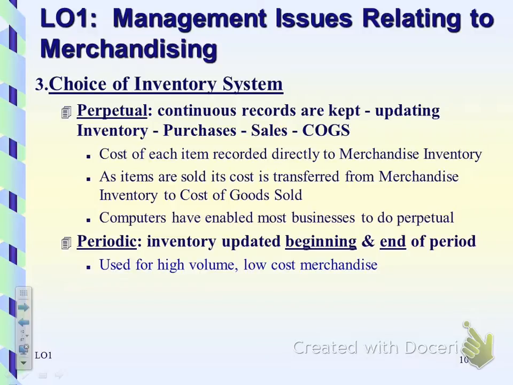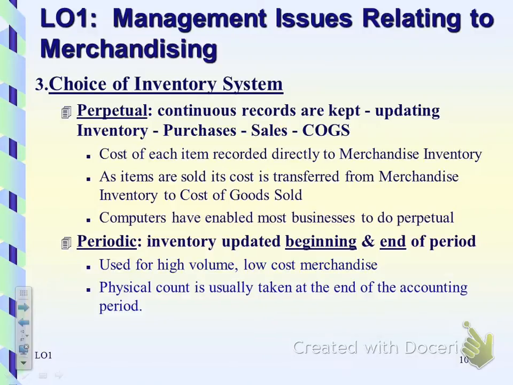Remember we talked about cost benefit? The cost benefit really wasn't there. But now, a lot of this does go away, even in a high volume operation like a dollar store, because of computers.